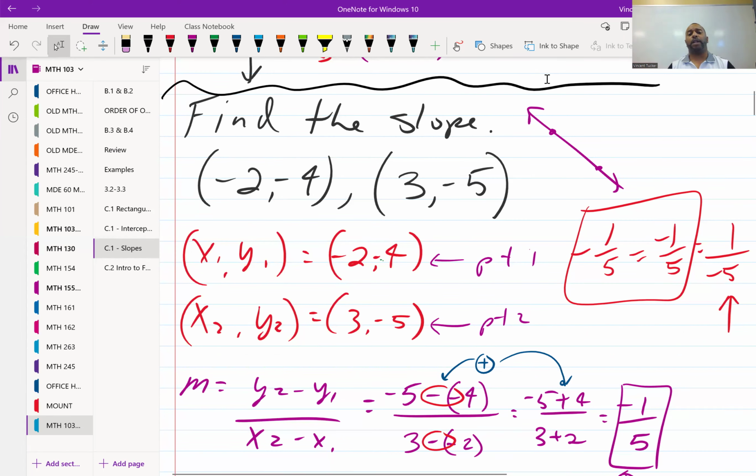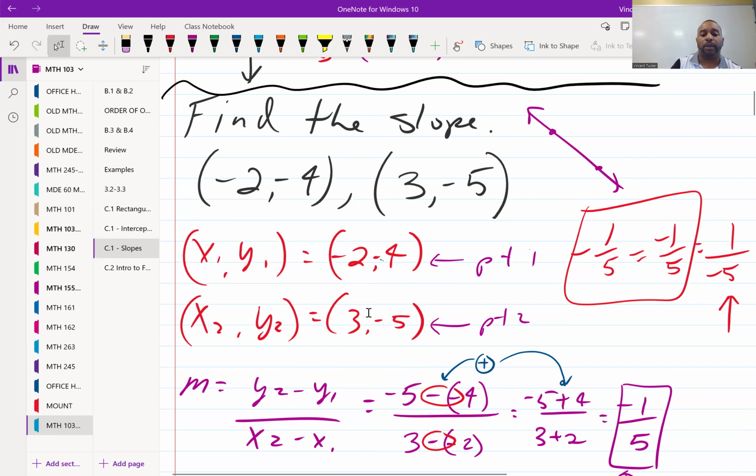All right, so let's go ahead and plug in. Whenever you're doing your substitution into the formula, always make sure that you're careful and you're not losing negatives. There's a minus sign in the formula, and then we're plugging in negative values. So y2 is -5, y1 is -4, so it's -5 minus -4.